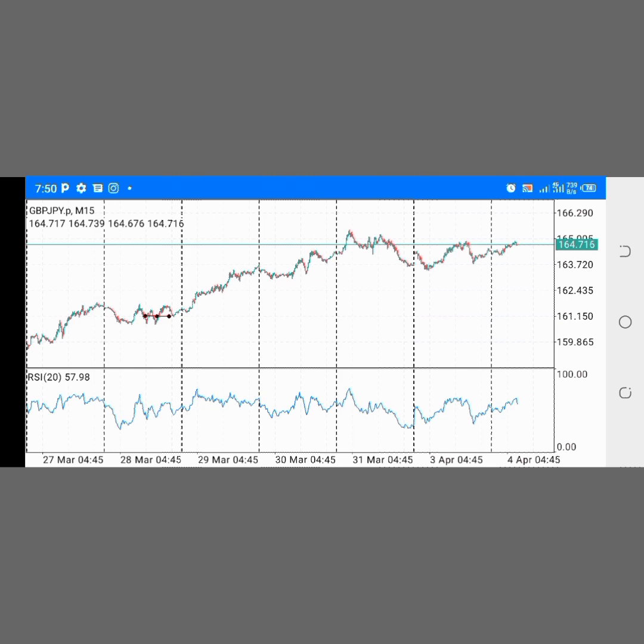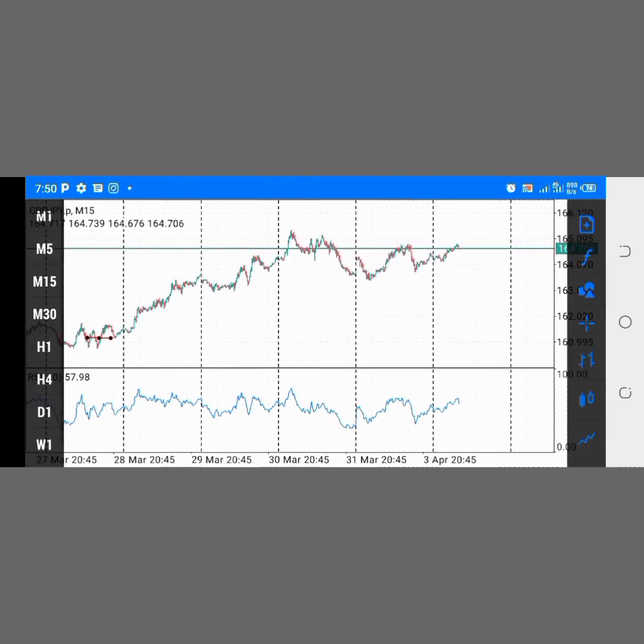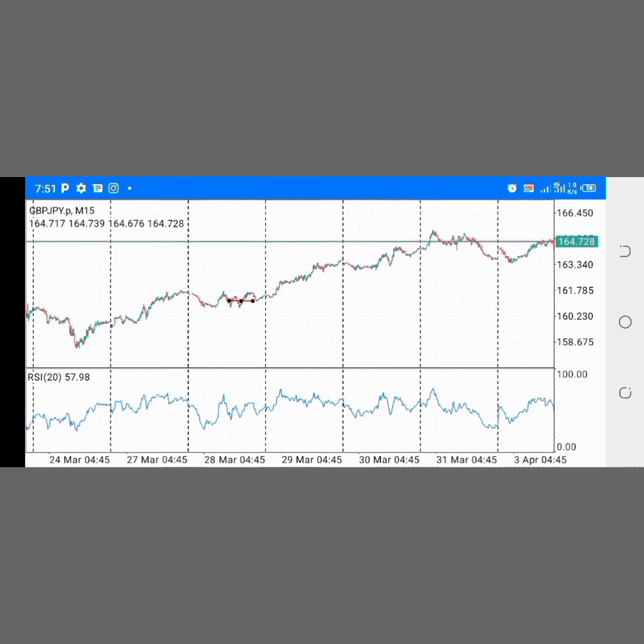For the area of value, we can go with the moving average or trend lines. So let's begin with the trend lines. I have already selected a trend line.